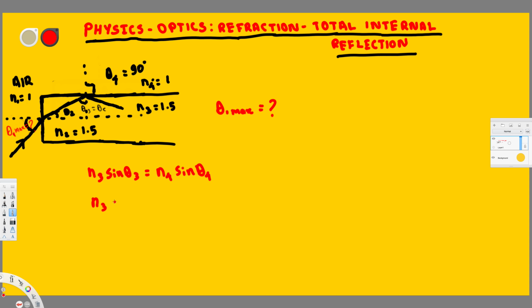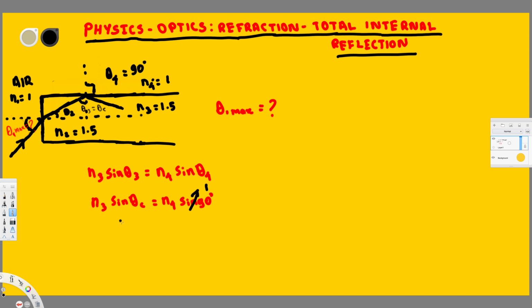So this is going to be N3, and instead of sine theta 3, we can say sine theta c, the critical angle, times N4 times sine 90 degrees, and we know that sine 90 is 1, so we can put 1 instead of this.